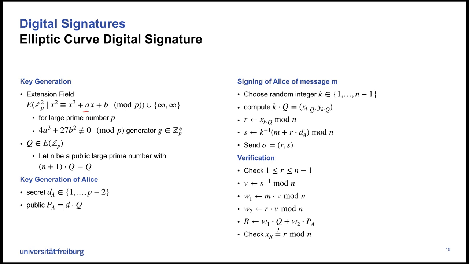So you have A known, you have B known, you have this field known, you have a starting point Q known, and what we need here is a publicly known large prime number n where we know that n plus 1 times Q is equal to Q. This immediately implies, because it's an abelian group, that n times Q is the neutral element, and the neutral element is not 0, but this strange thing which is the same as infinity.